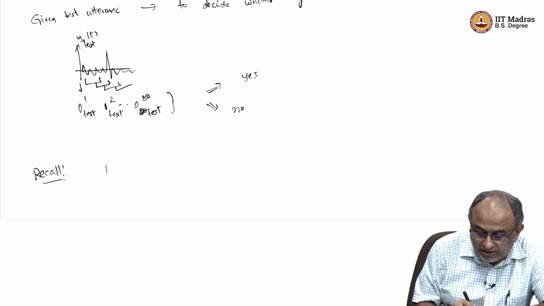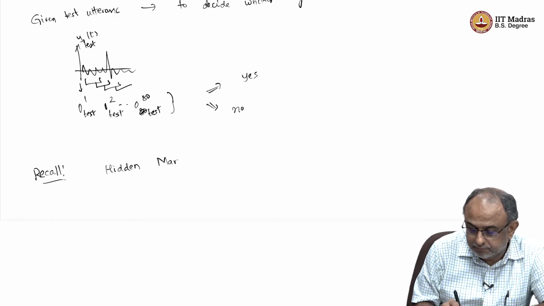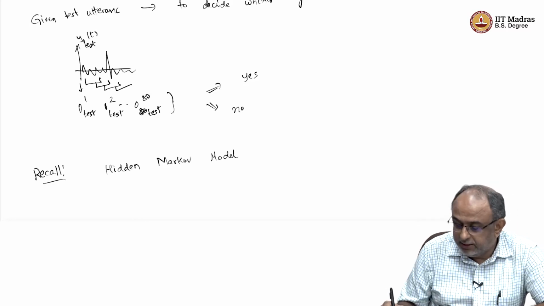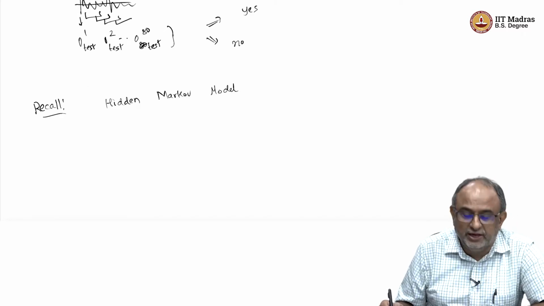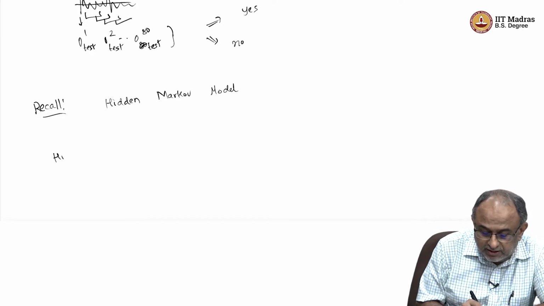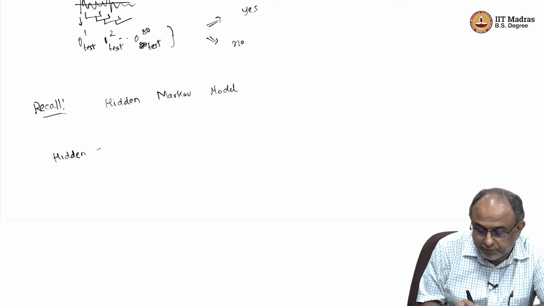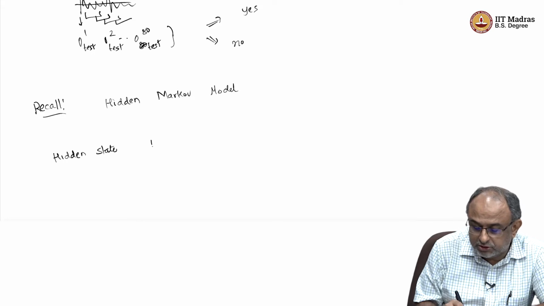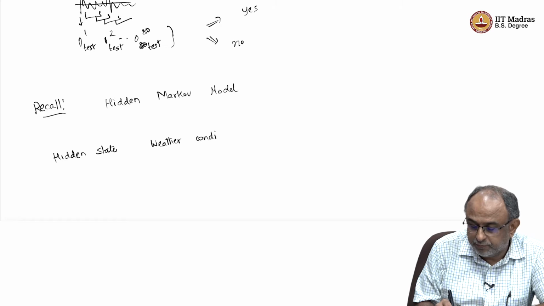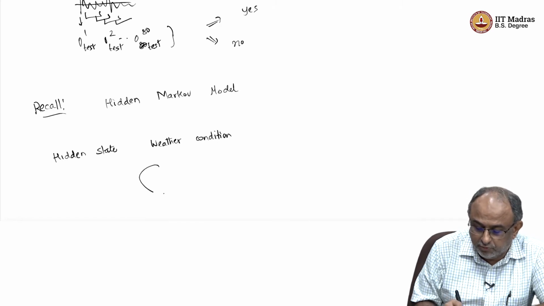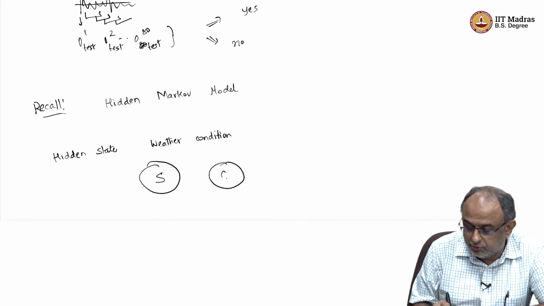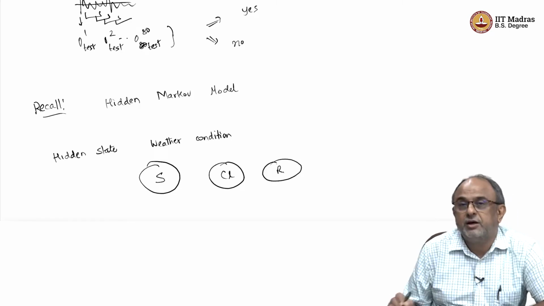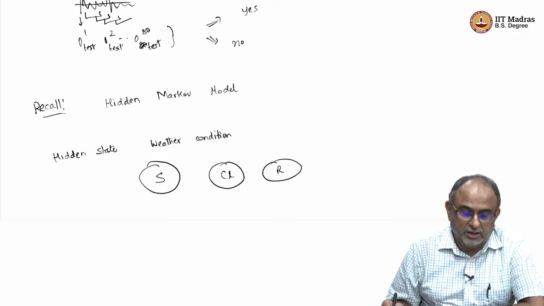Recall, what were there? There was the hidden Markov model. In the hidden Markov model, what was the hidden state? The hidden state was the weather condition, which was sunny or cloudy or rainy. So these were the 3 conditions.